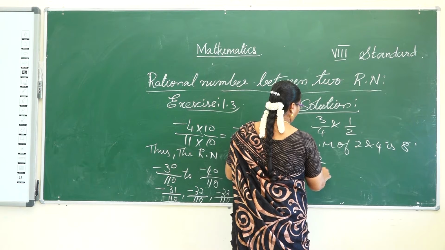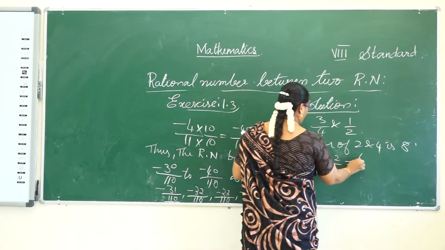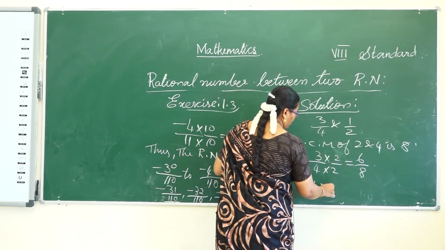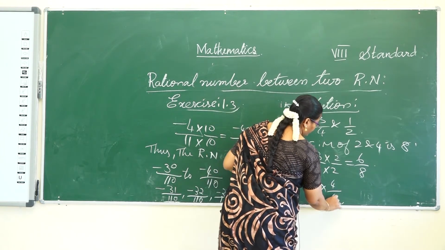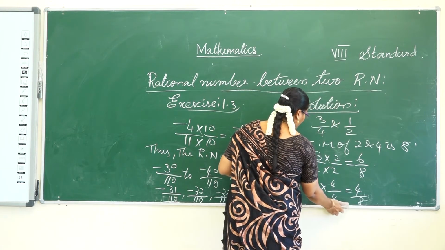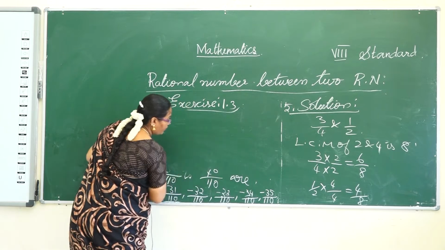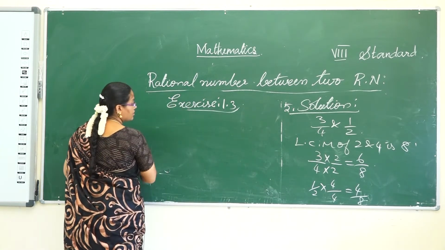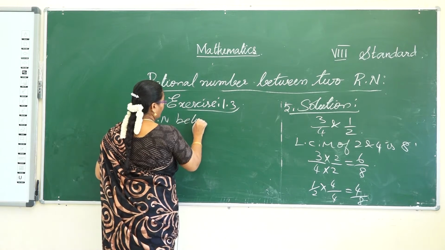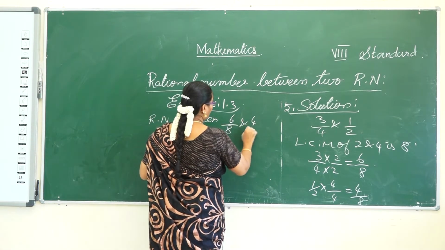So 3 by 4 into 2, what do we get? 6 by 8. Here 1 by 2 into 4, so 4 by 8. Now you can find the rational numbers between 6 by 8 and 4 by 8.